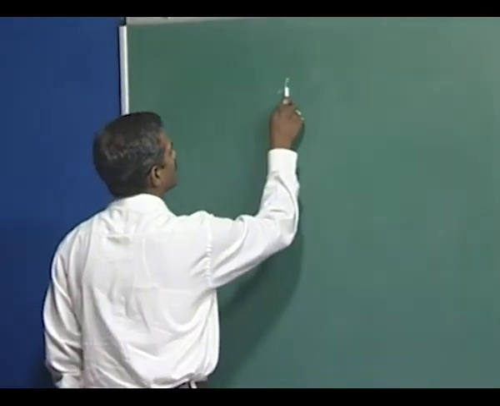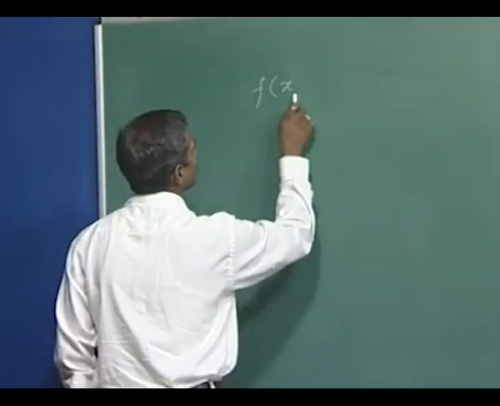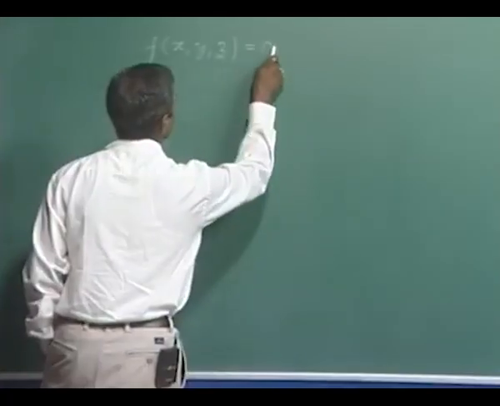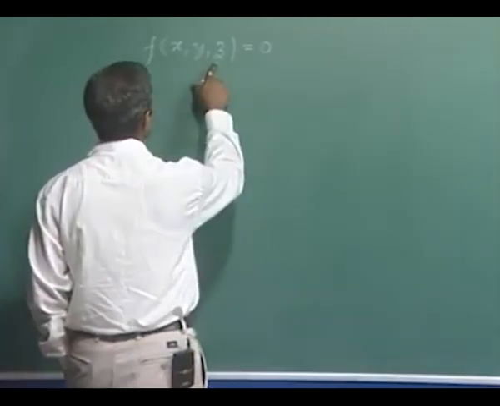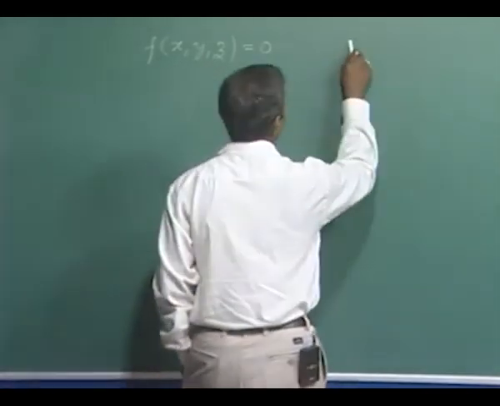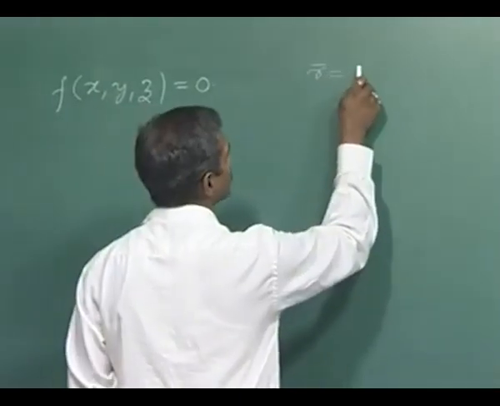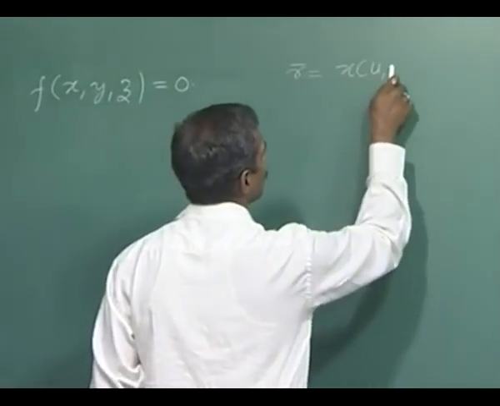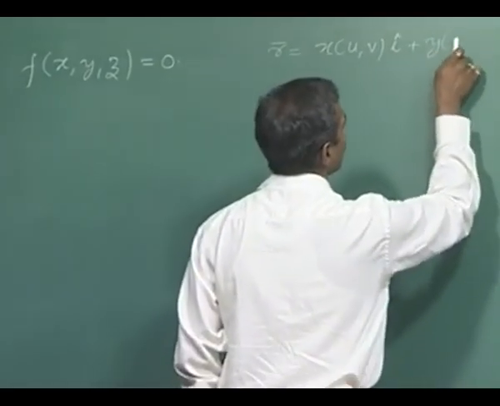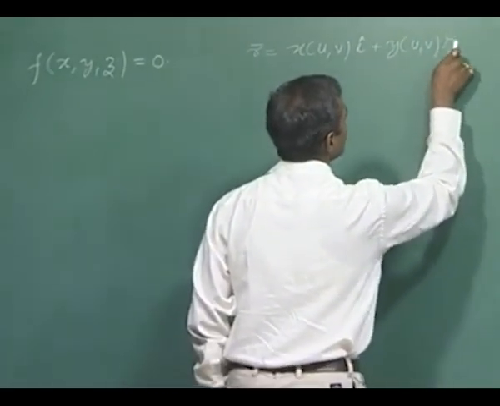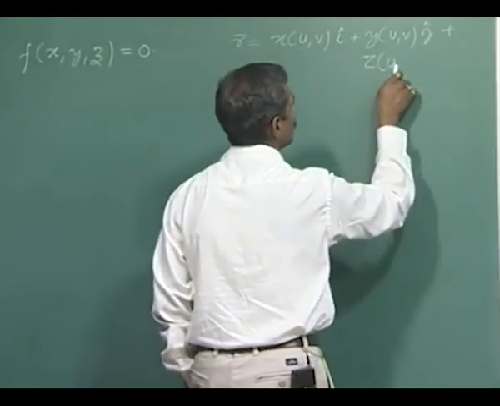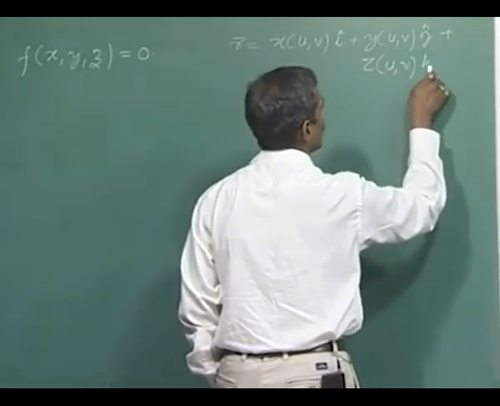Say we have this implicit surface patch, and the position vector of any point on this patch is given by r equals x(u,v) i plus y(u,v) j plus z(u,v) k.